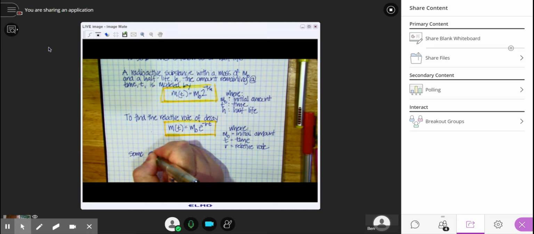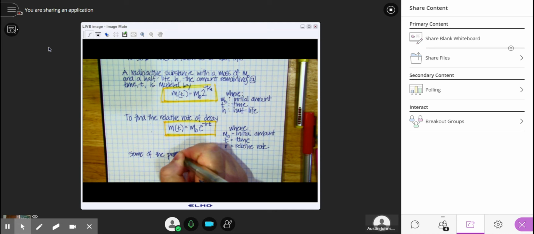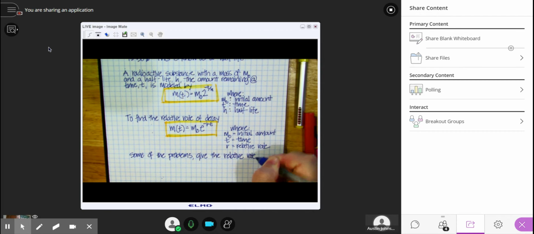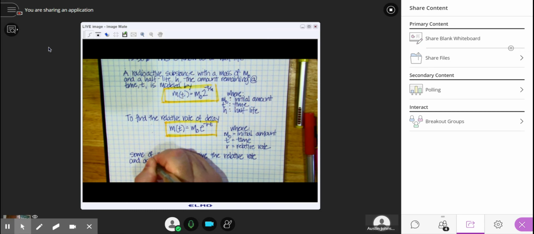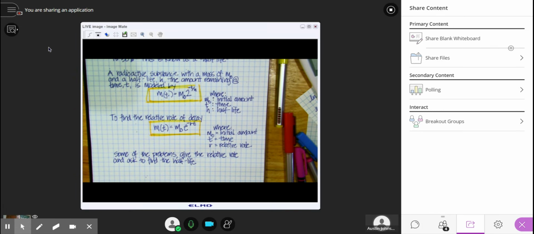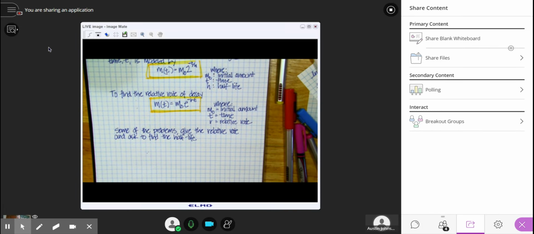Some of these problems or questions give the relative rate and ask to find the half-life. So what I wanted to show you here is how we convert the relative rate of decay in order to solve it for the half-life.